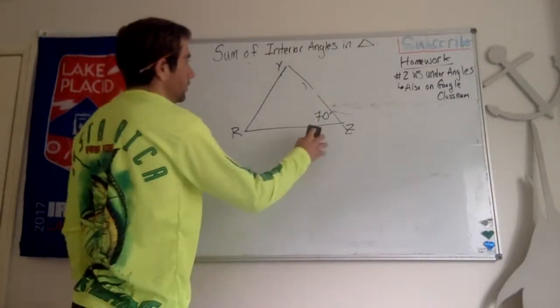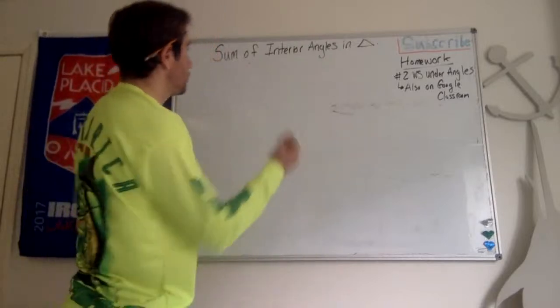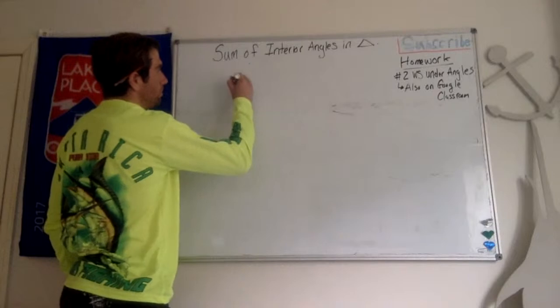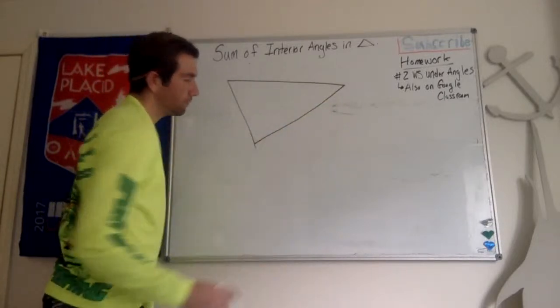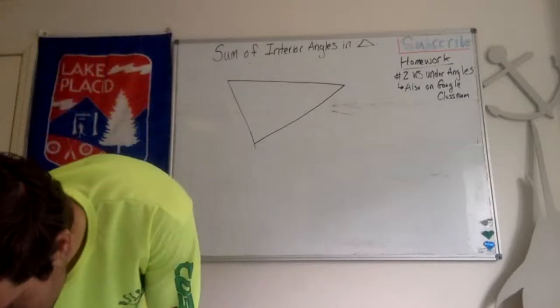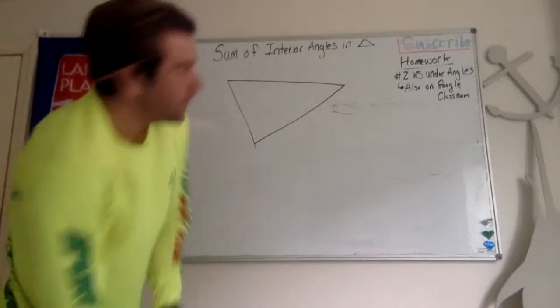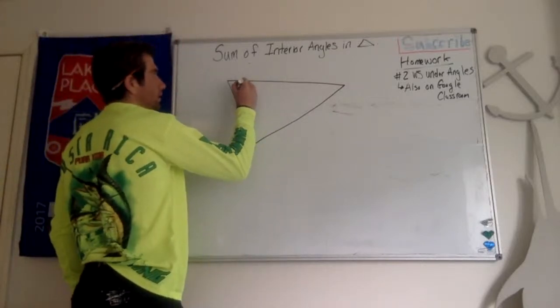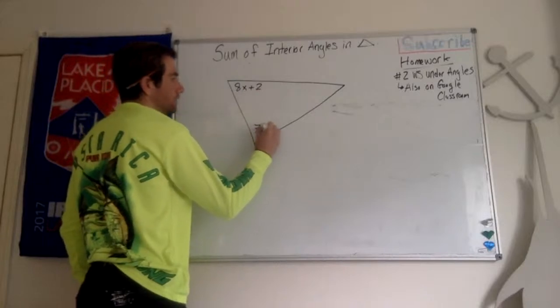All right, so let's do... We got 70, 60, and x plus 2. X plus 2, 70 degrees.